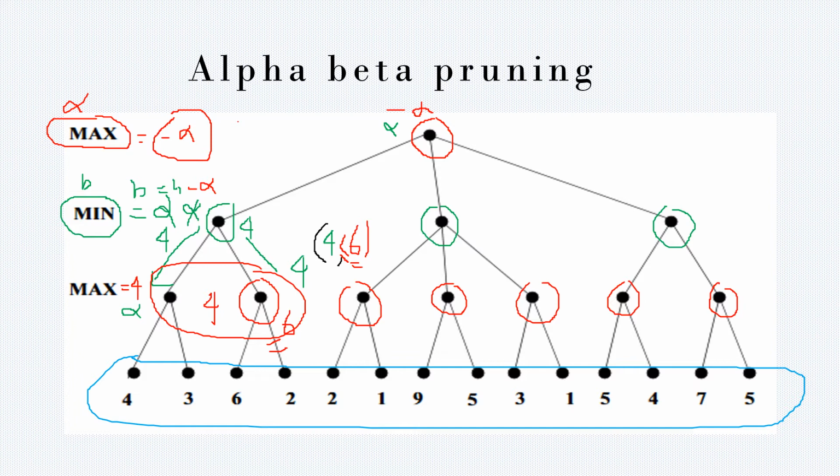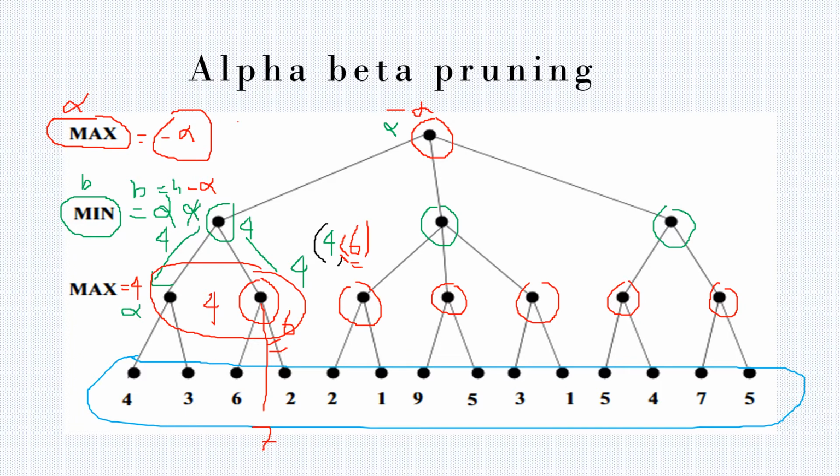So it will prune off these values. For example, let's suppose here we have value 7, and the max selects value 7, the min will return value 4.